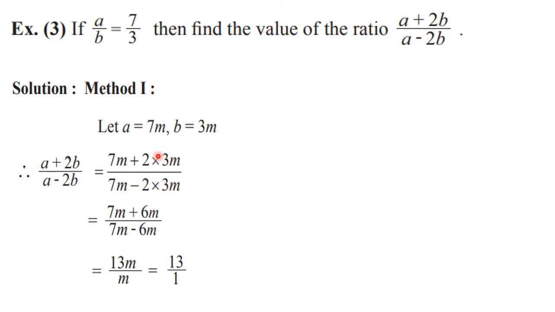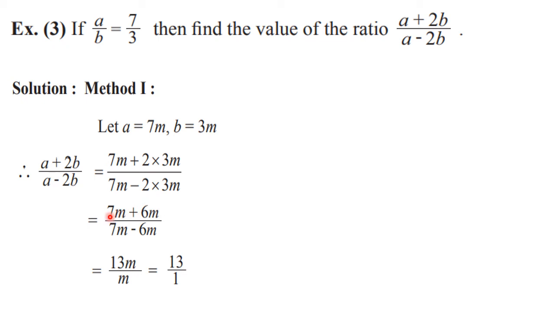This is called substitution. So in place of A, 7m is written, plus 2 as it is, in place of B 3m is written. Similarly in the denominator, A is replaced by 7m, minus 2 as it is, and B is replaced by 3m. So when we multiply 2 into 3m, the answer is 6m.